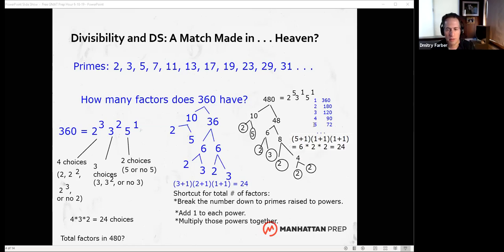Look at that. 24 again. Weird, right? But what's really going on? We're dropping in complexity in one place and increasing in the other. All right. Are we at peace with that?